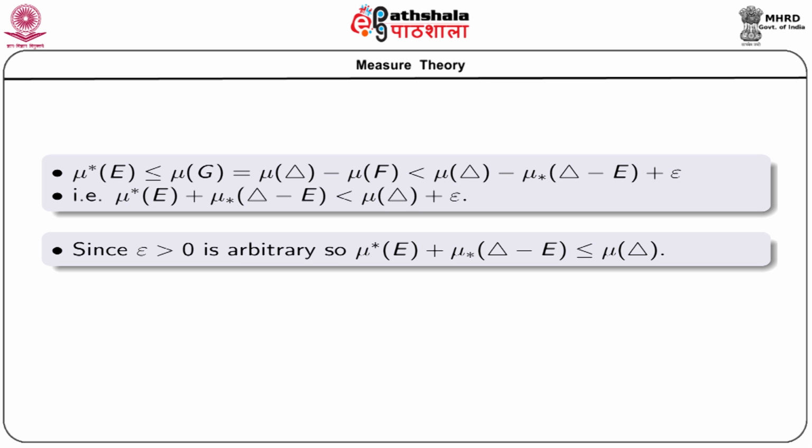So, taking into account that the above inequality is true for any epsilon greater than 0, we get mu upper star E plus mu lower star of delta minus E is less or equal to mu of delta. We will now prove the reverse inequality.